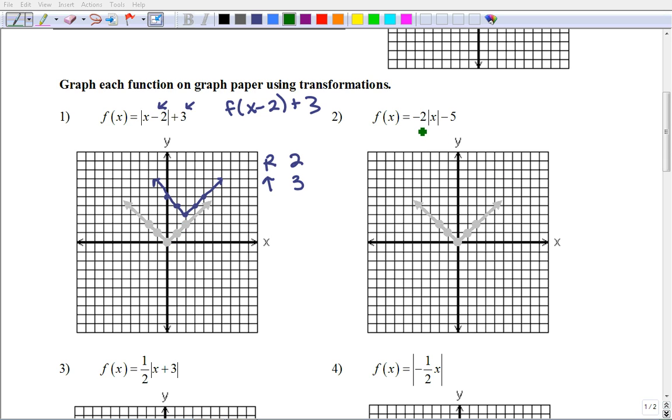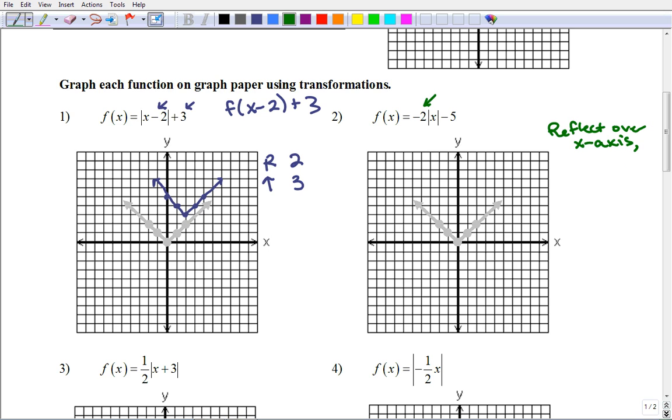Let's take a look at another example. So here we have -2 absolute value of x minus 5. It's -2 in the front. It's out of what we would call the parentheses, but now we have the absolute value symbol. So it's away from the x, so that means the negative means we're going to multiply the y values by -1, which is going to reflect over the x-axis.